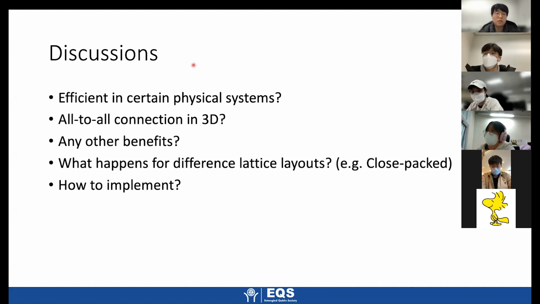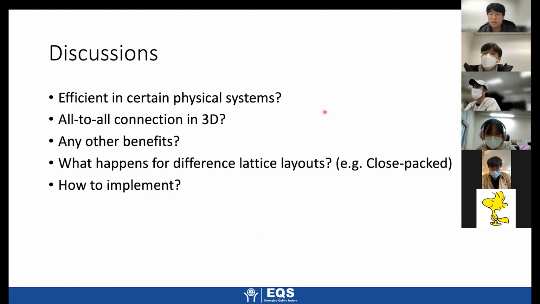Okay, let's do some discussions. So my first question is, what kind of physical system can we use to implement one-way quantum computing? In the paper, they said it has already been implemented in neutral atom optical lattices, 3D photonic lattices, and some quantum dot systems.